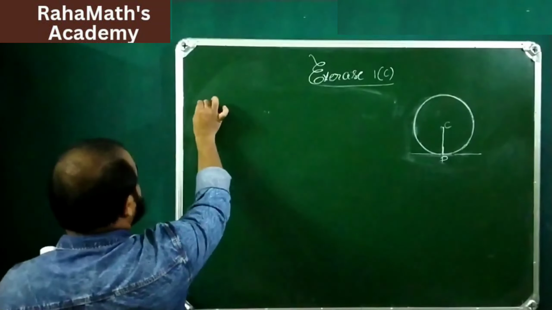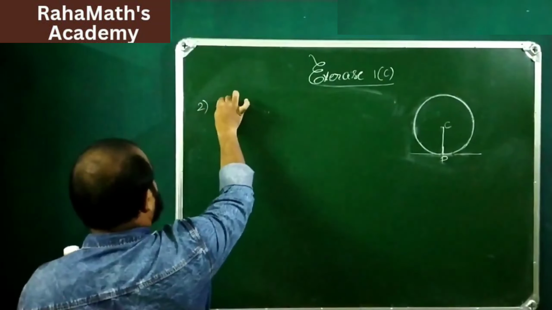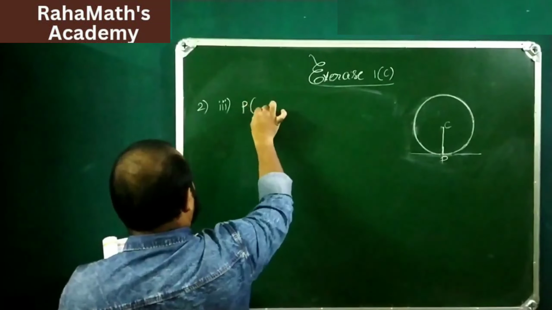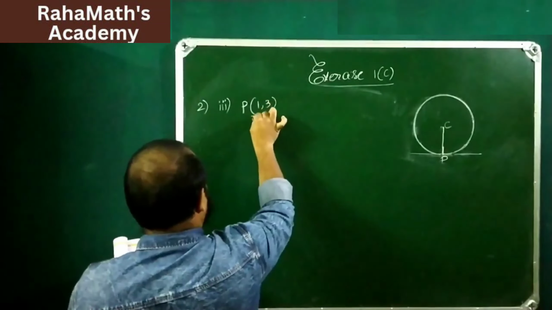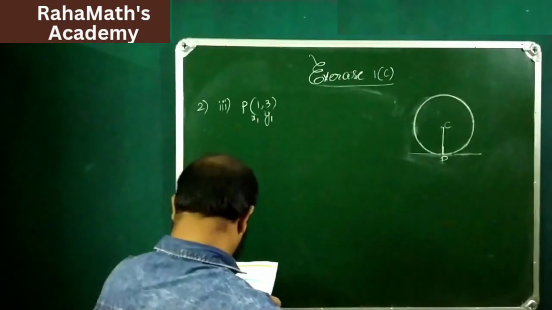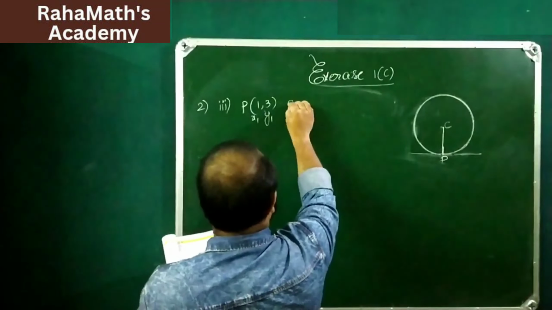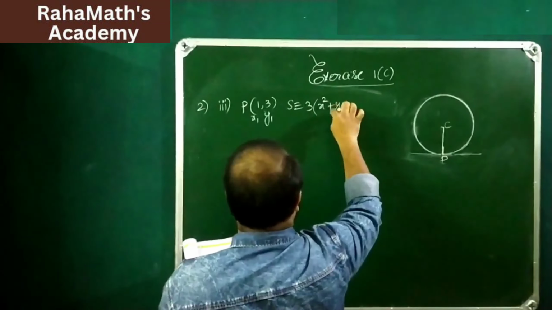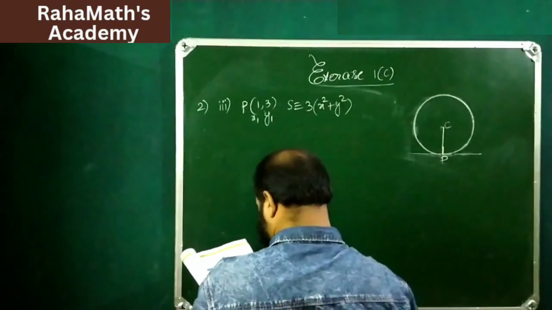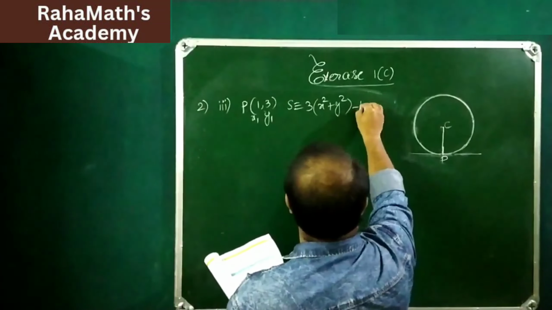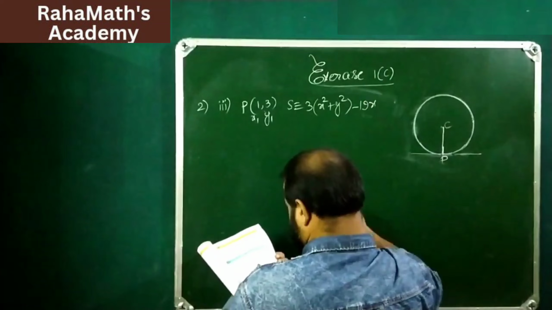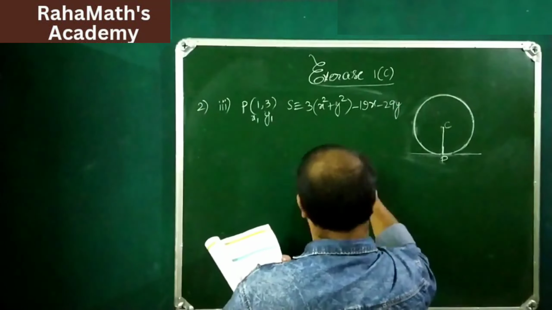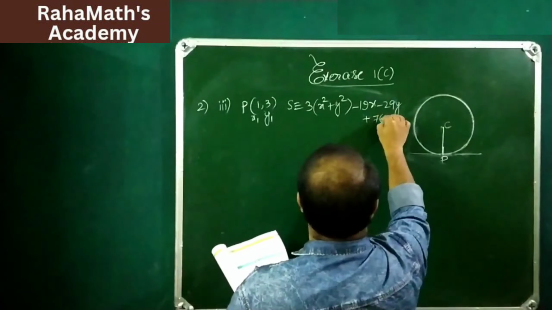Now, second question, third way. This time P is (1, 3), which is (x1, y1), and S is 3 into x square plus y square minus 19x minus 29y plus 76.